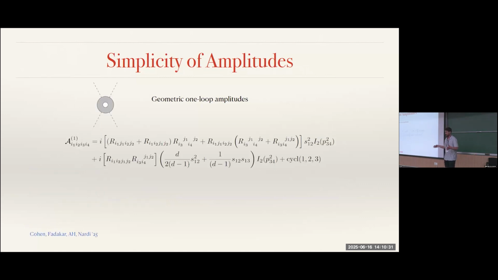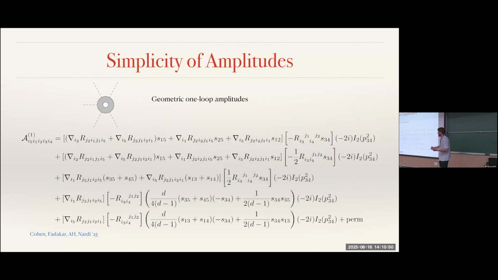Also happens to all orders in perturbation theory. Here's a one loop example where the scalar one loop amplitude now depends on some different kinematics, including the loop situation, and some coefficients, but the coefficients are now just the curvature squared. And if we do a 5-point computation, again, there's some kinematics and some coefficients.